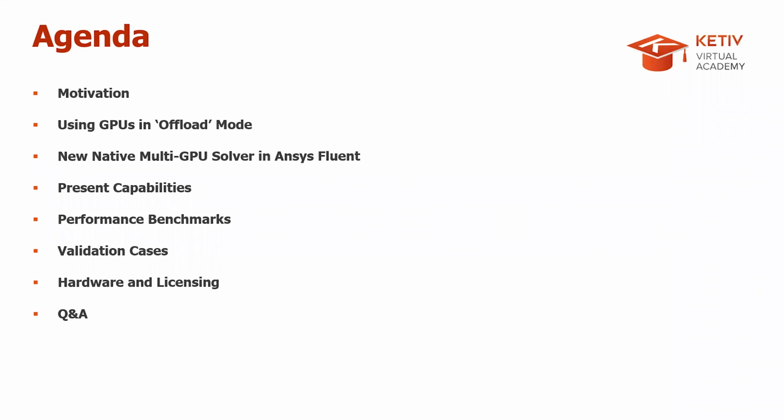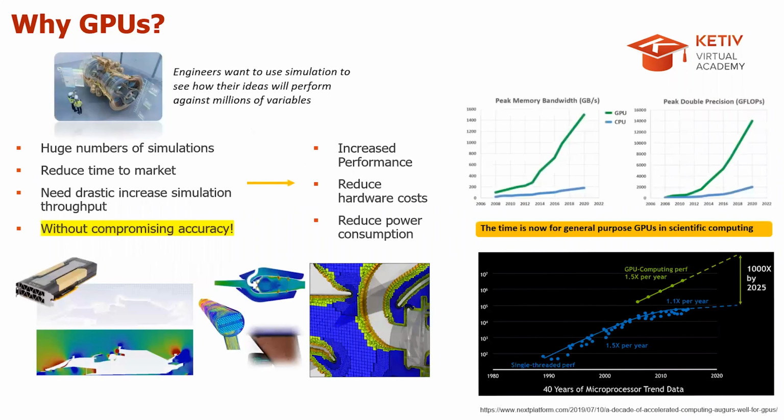All right. So why are we talking about GPUs? Anybody who's worked in the CFD field, anybody who's done CFD simulations knows that one of our biggest challenges is to reduce the computational time. And we employ various methodologies to achieve this, right?